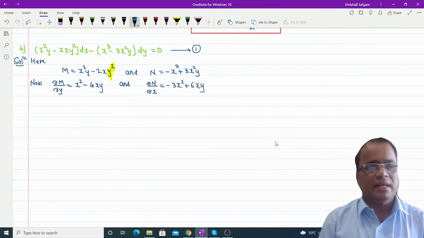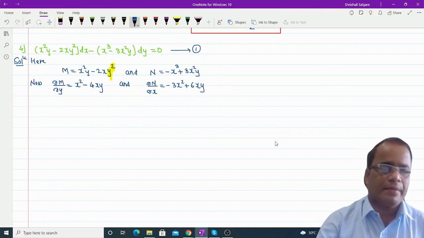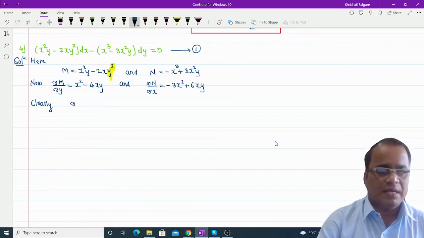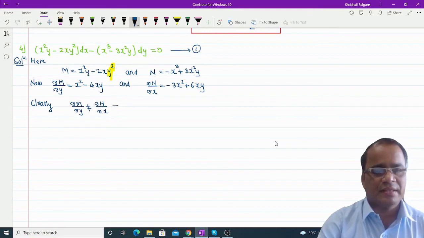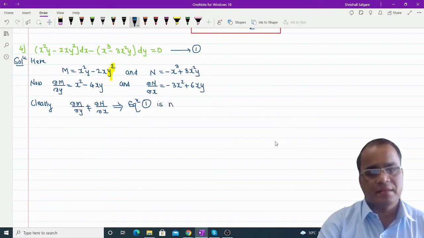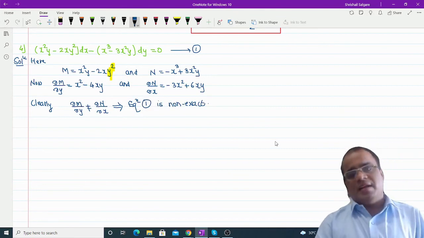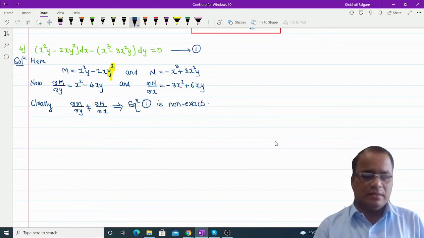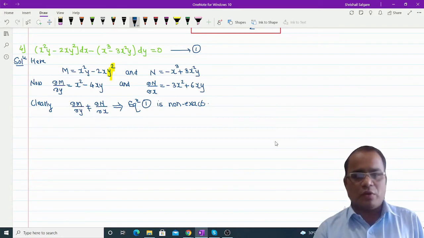Now clearly the two derivatives are not equal. So clearly the partial derivative of m with respect to y is not equal to the partial derivative of n with respect to x. So this implies equation 1 is non-exact. Therefore, to find the integrating factor, tell me at least which rule you are going to prefer.